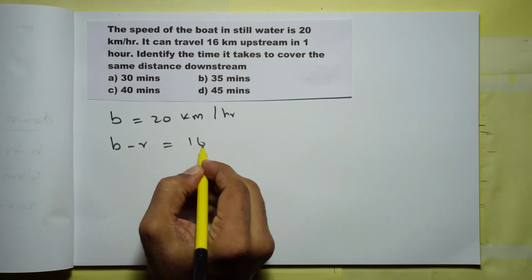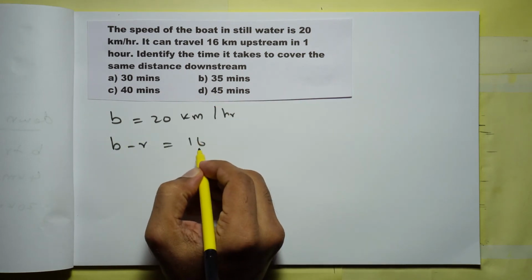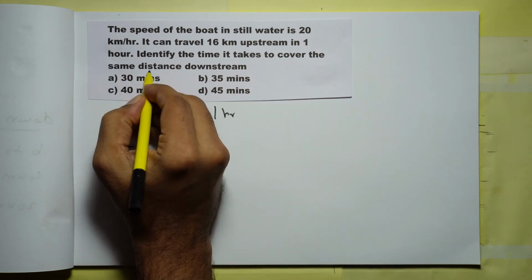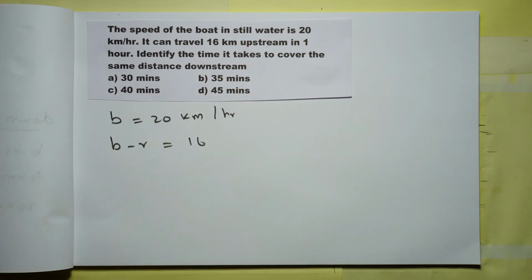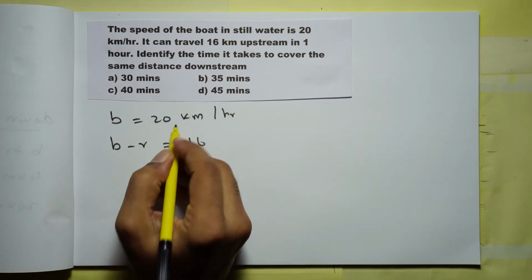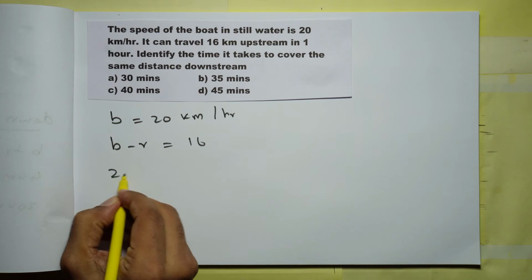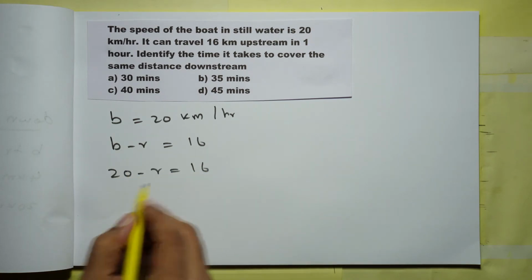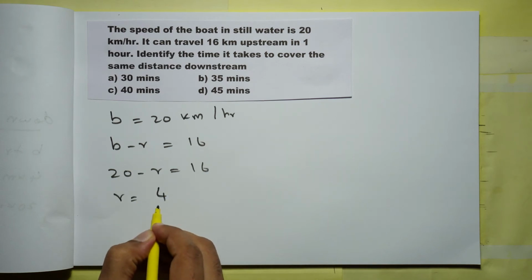That is equal to 16 kilometers in 1 hour or 16 kilometers per hour. Identify the time it takes to cover the same distance downstream. Now b is equal to 20, so we'll substitute 20 here. So 20 minus r is equal to 16. 20 minus 4 is 16, so r is equal to 4.